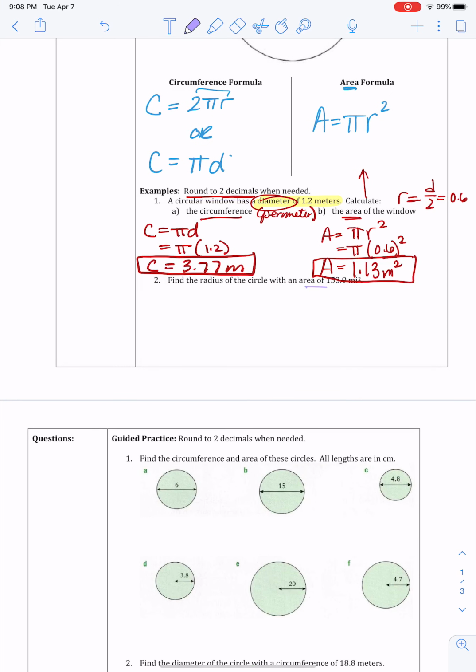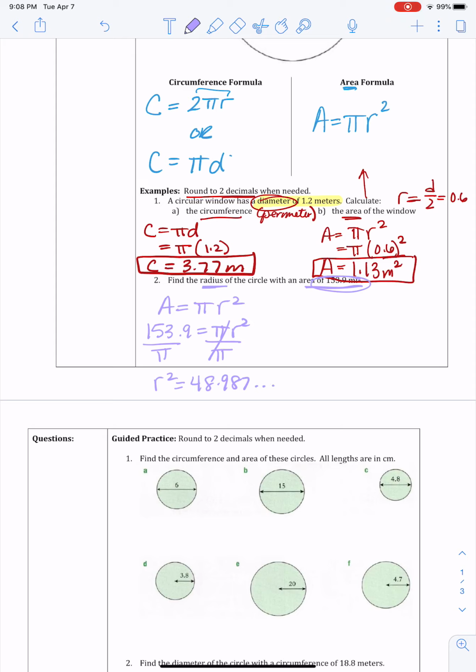Now we're going to work backwards. I'm giving you the area, which you can't see on my page, but I'll write it in a minute. And we're going to find the radius. So area equals pi r squared. So the number that I have, 153.9 equals pi r squared. So first we divide by pi, and we get that r squared equals 48.987 and so on.